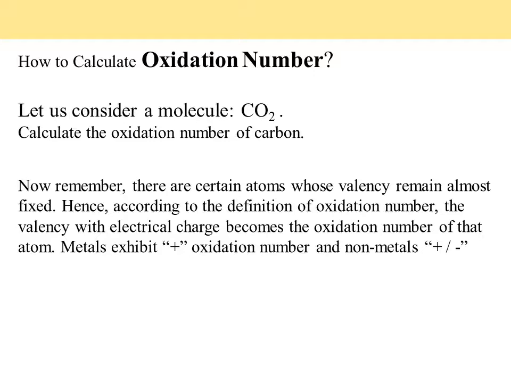Based on that, metals exhibit positive oxidation numbers, and non-metals exhibit both positive as well as negative oxidation numbers. So metals always exhibit positive oxidation numbers, and non-metals exhibit both plus or minus oxidation numbers or oxidation states, depending upon the situation.